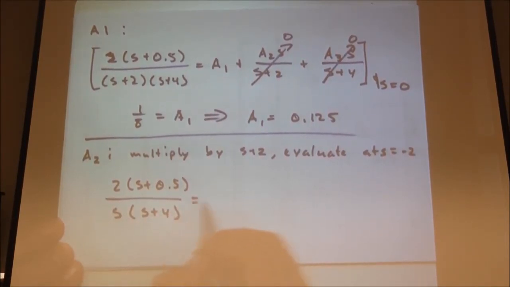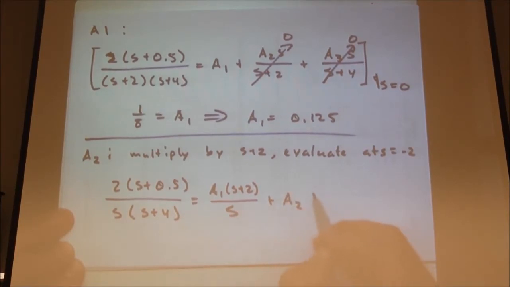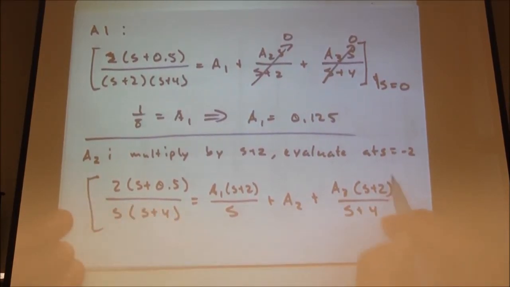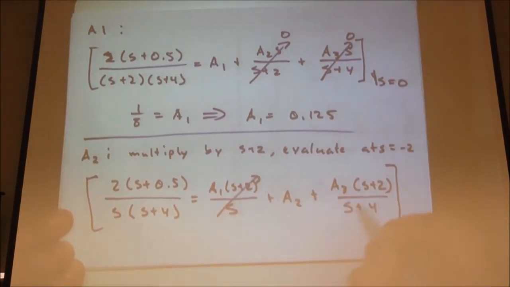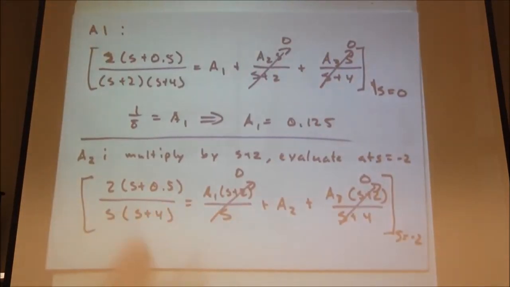I'm doing some of the algebra fairly quickly. We have S plus 2 over S plus A2, A3 times S plus 2 over S plus 4, all evaluated at S equals minus 2. And once again, these two terms vanish. You can plug in minus 2 to this expression, and if I did things correctly, we get A2 equals 0.75.